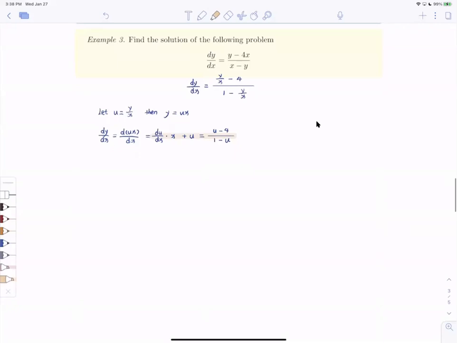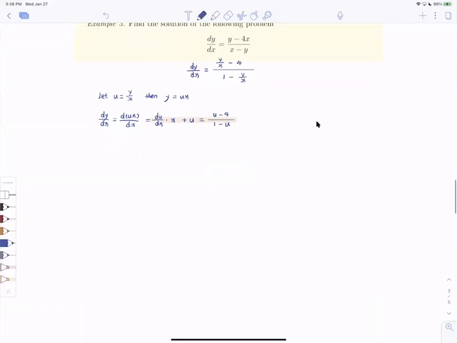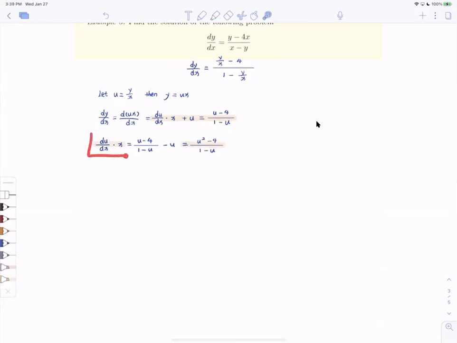Let's continue. So du over dx times x equals u minus 4 over 1 minus u, which equals u squared minus 4 over 1 minus u. So now we have this. Now you see that on one side we have x, on the other side we have u.